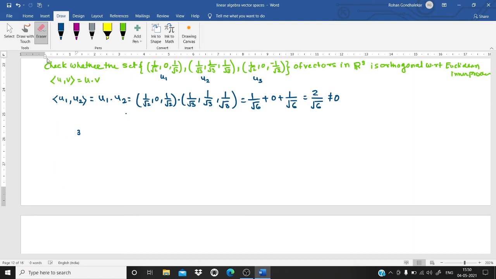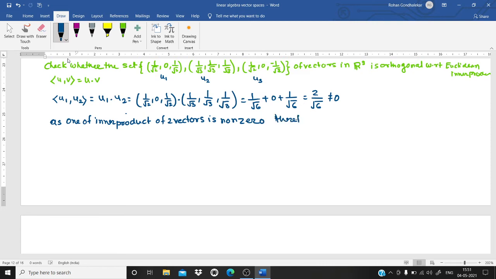As one of the inner products of two vectors is non-zero, therefore the set is not orthogonal. I hope you are clear with this idea.